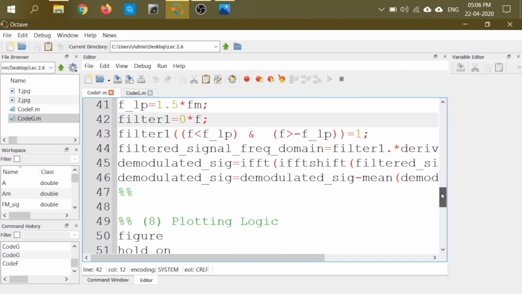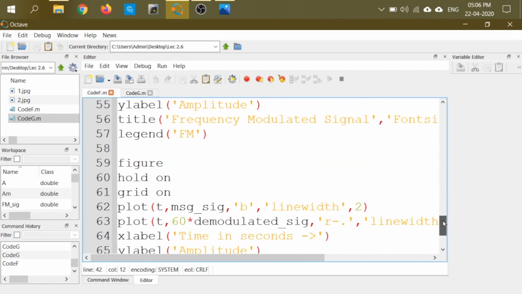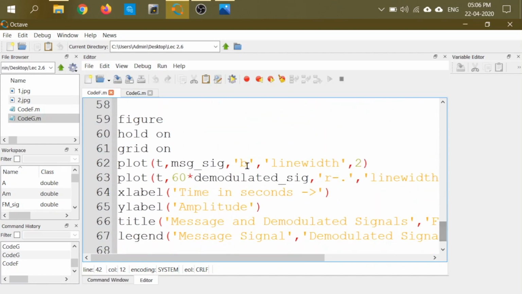Then there is this plotting logic. There is nothing to explain in the plotting logic. It is a simple plot command here. But the only point I want to emphasize is that when I plotted the graph, I used a factor of 60 for multiplication with the demodulated signal. Why?